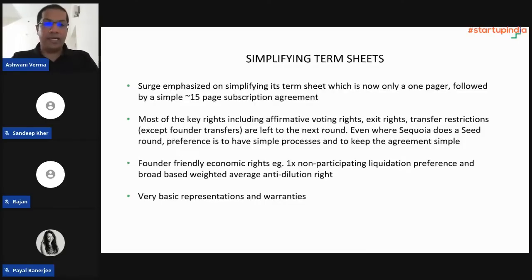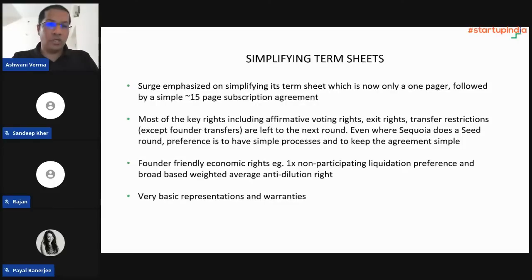Most of the governance rights, including affirmative voting rights, board seat, observer seats, and other rights like exit rights and transfer restrictions are all left to the next round. And depending upon how the next round is being structured, these rights are either introduced or elaborated at that stage.